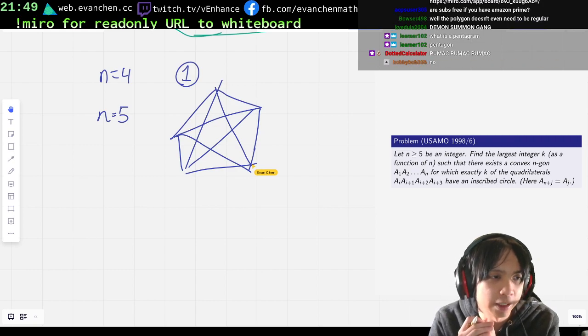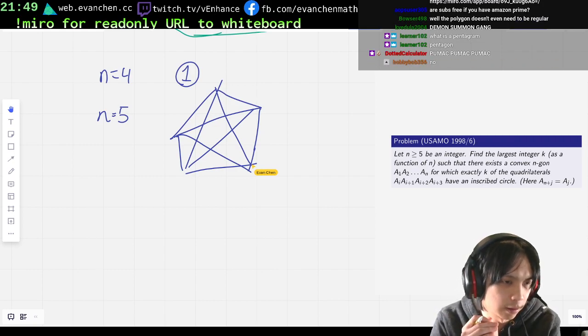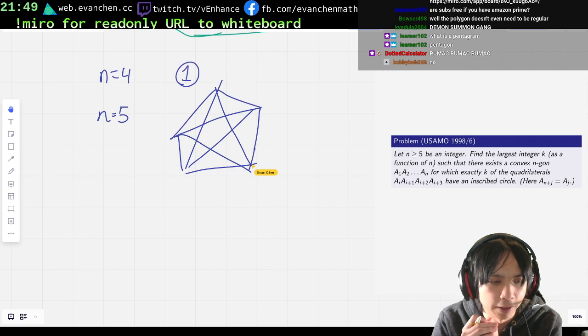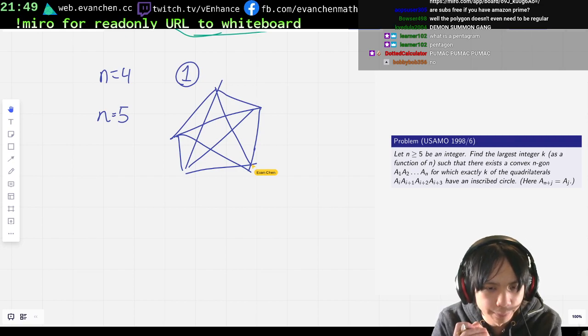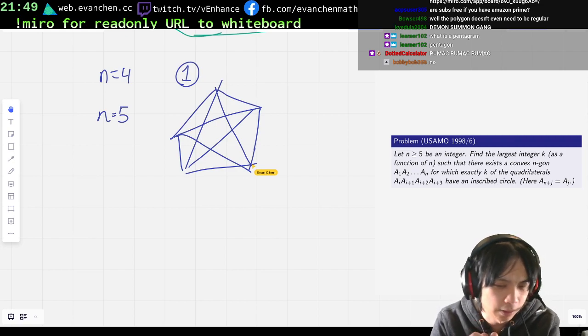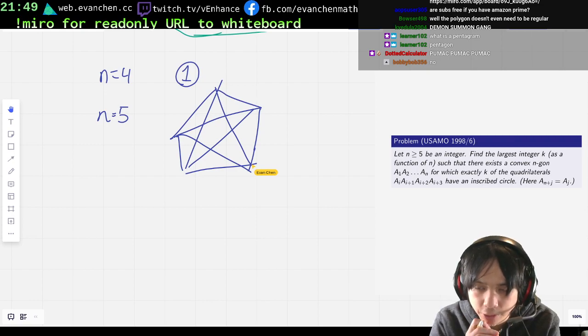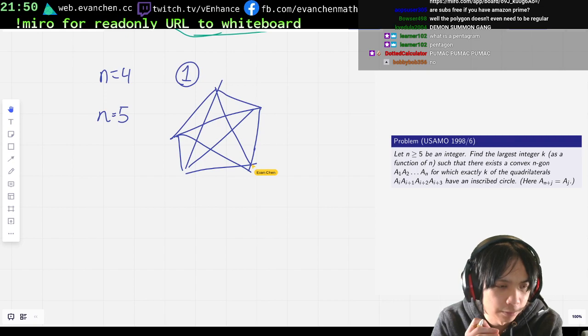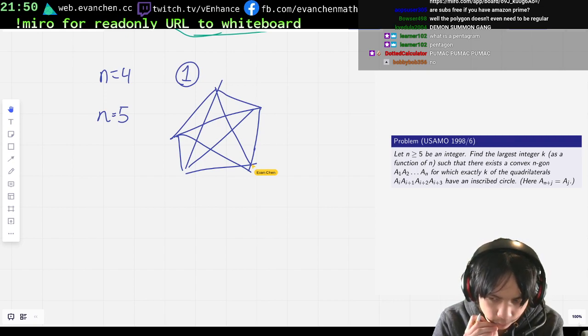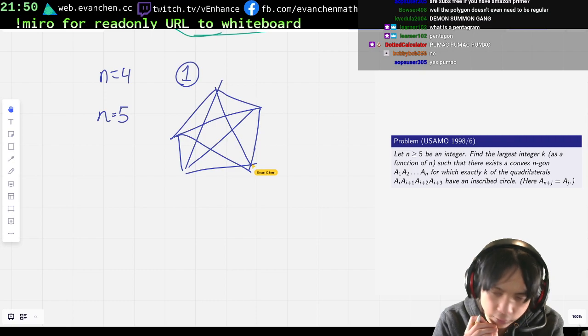If it was actually the case that all the blue segments were equal length, then all 5 quadrilaterals would be okay. That's definitely not what's happening, because you can't make a convex quadrilateral with that property. An equilateral pentagon will never have that property.